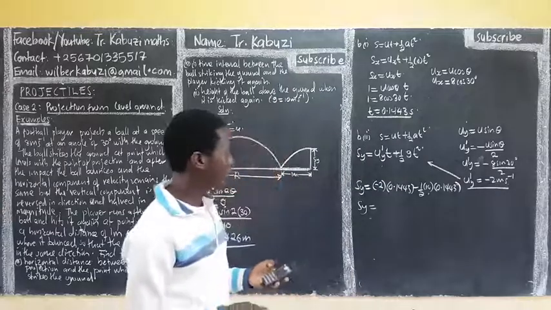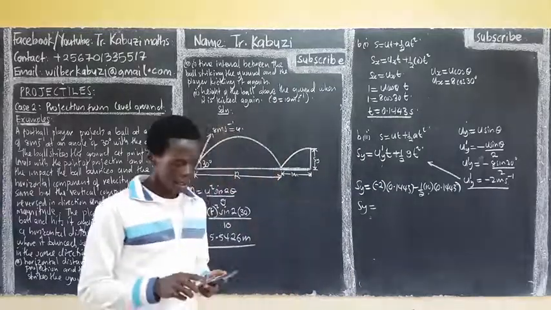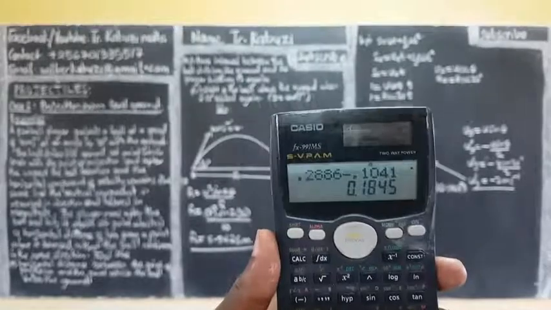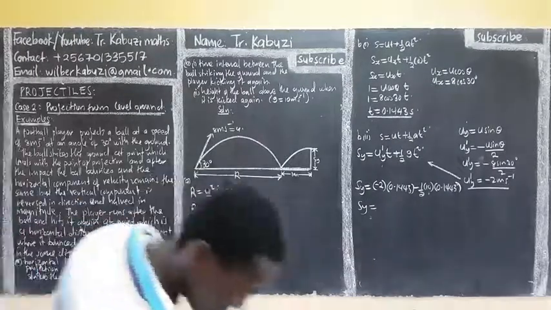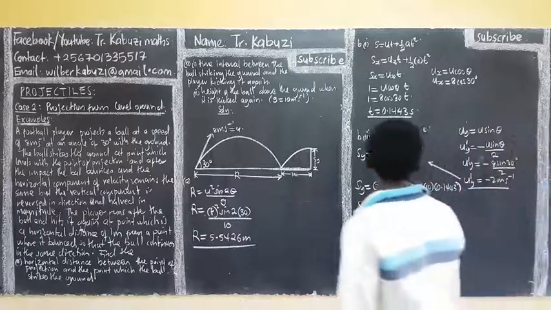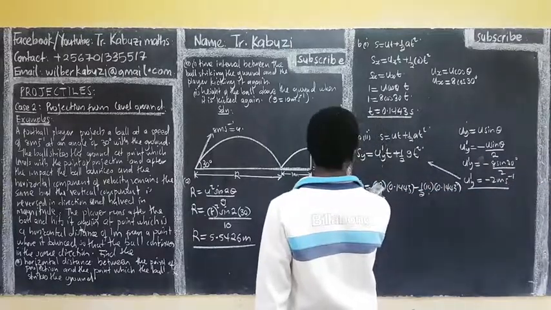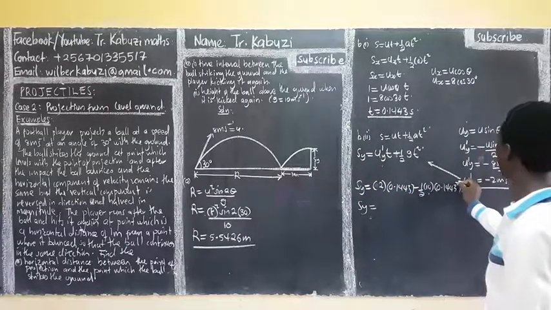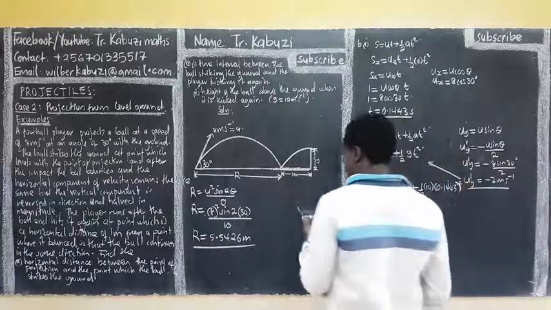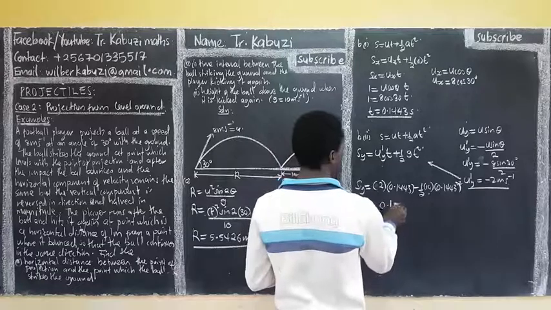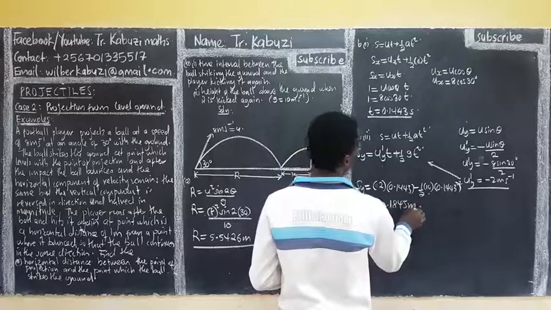So can we compute this? We compute that, you just press the calculator there, as you can see. This negative sign was just showing us that it was changing the direction, but when we are calculating, we don't include it. Remember here our T was squared. So the answer after pressing that is going to be 0.1845 meters.